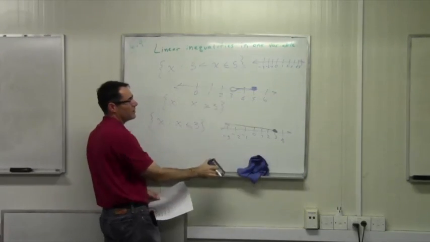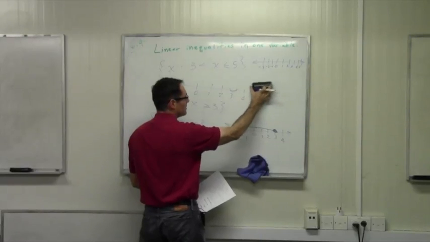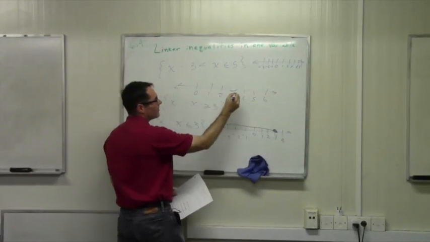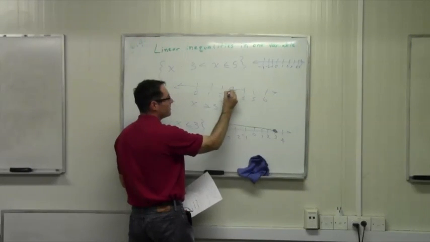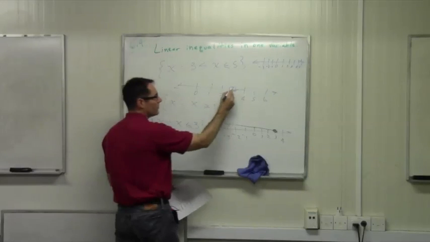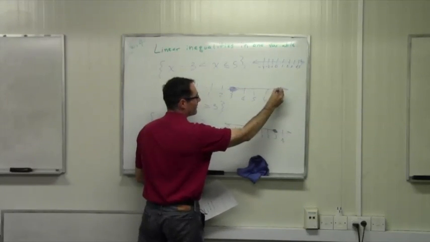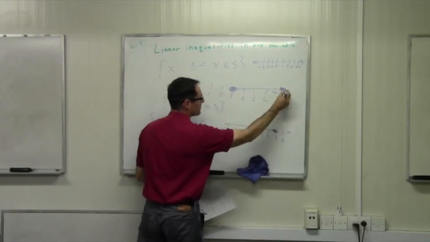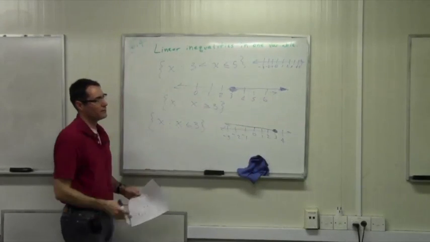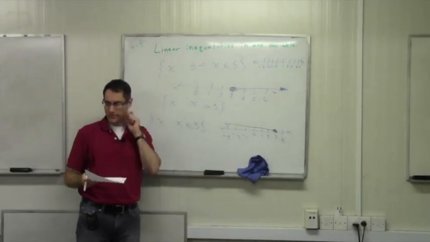I'm going to redraw it up here. Greater than or equal to 3. So I start at 3. Do I fill it in? I do. And then I go this way, and I just do a little arrow that says it goes on forever. Kind of like what I did down here. And that's all you have to do. Not too bad, huh?